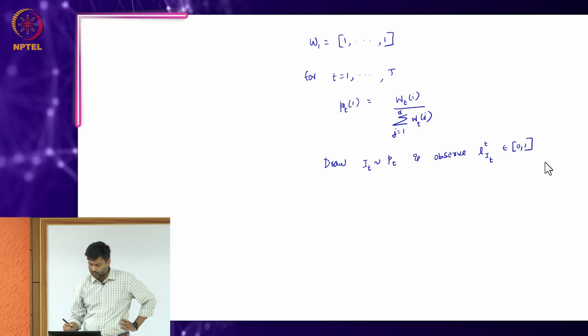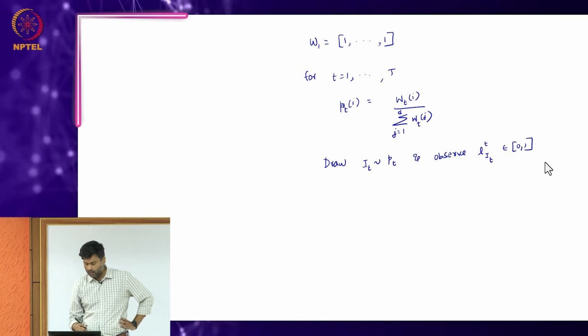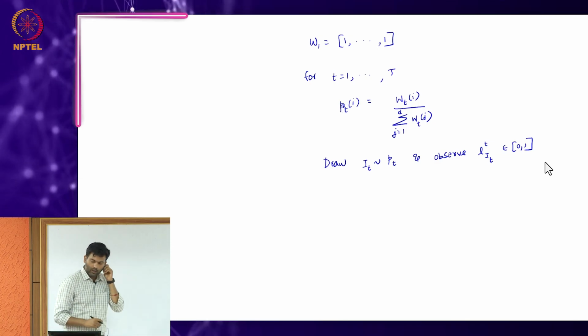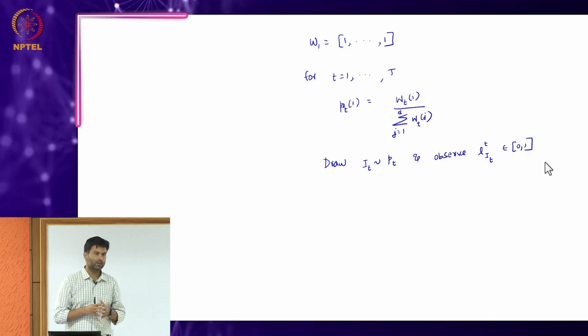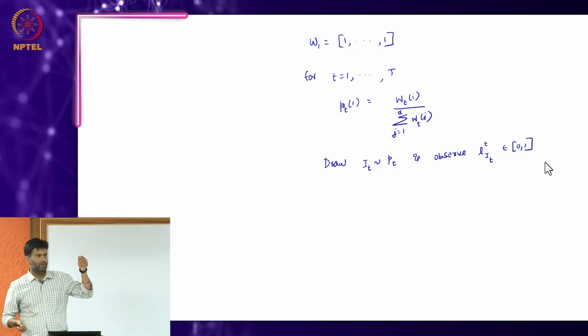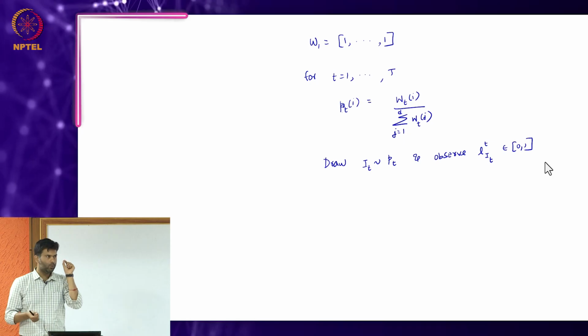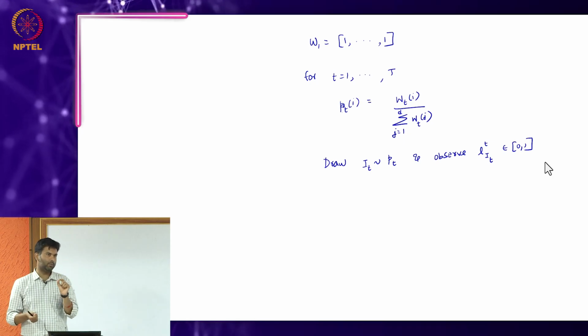Now here is the most interesting part of this algorithm. Why can't I do randomized weighted majority here? Because I am not observing the entire loss vector. I only observe one single value, and that is the key problem here.